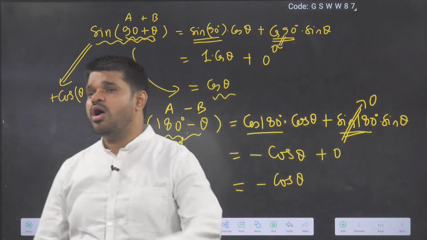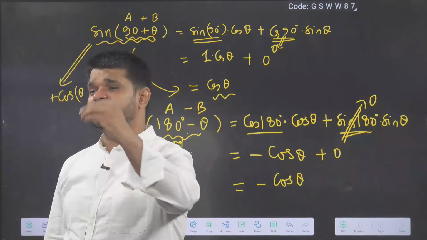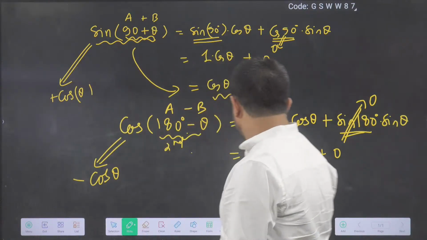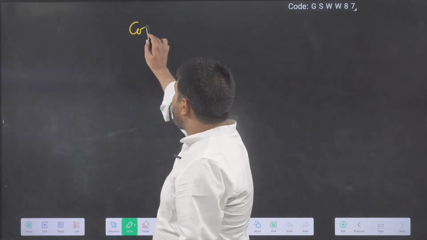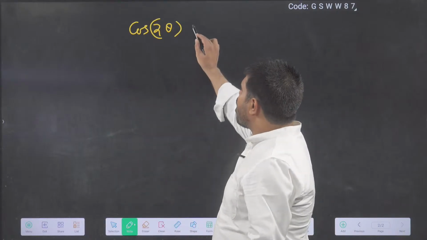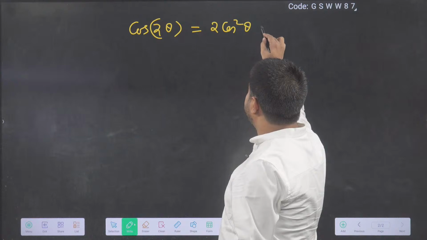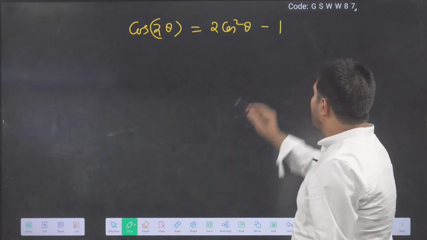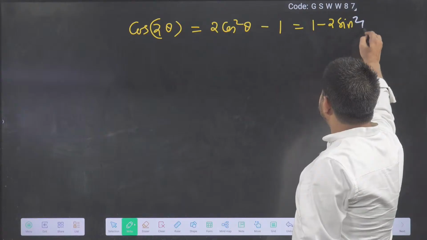Now I am writing one formula, and based on that I will write one more formula. Cos 2 theta equals 2 cos square theta minus 1, or 1 minus 2 sin square theta.